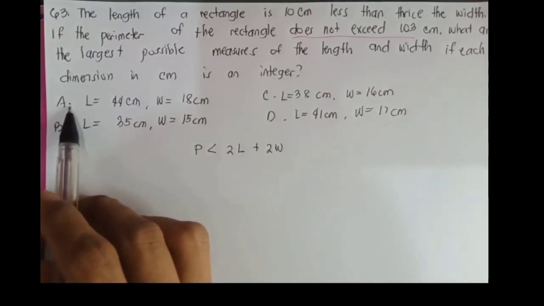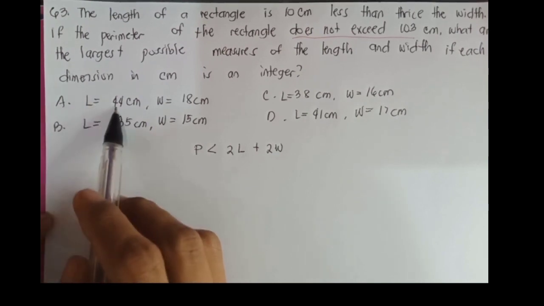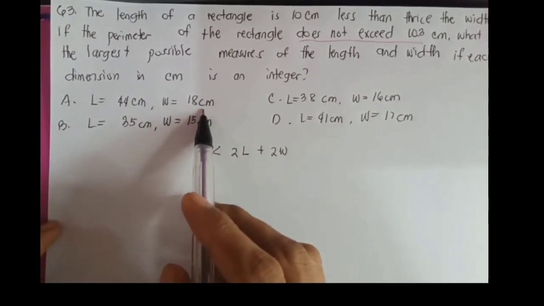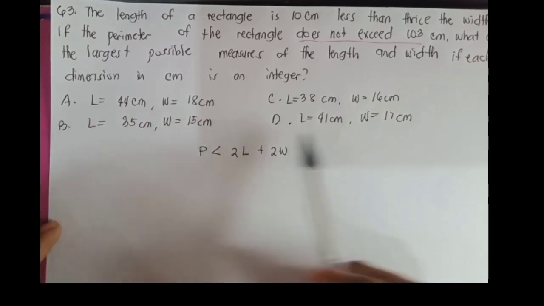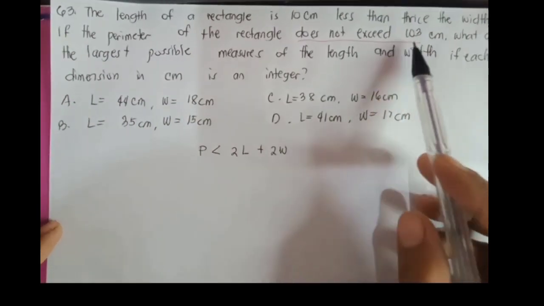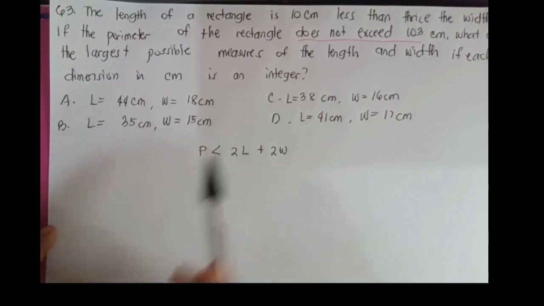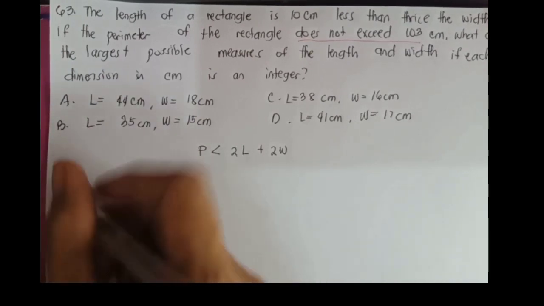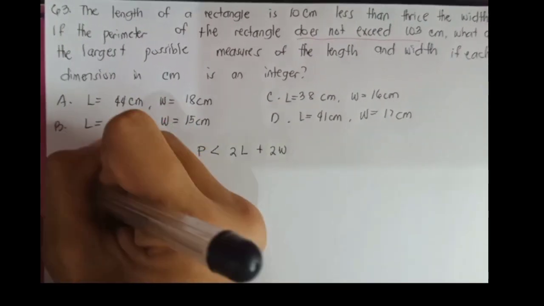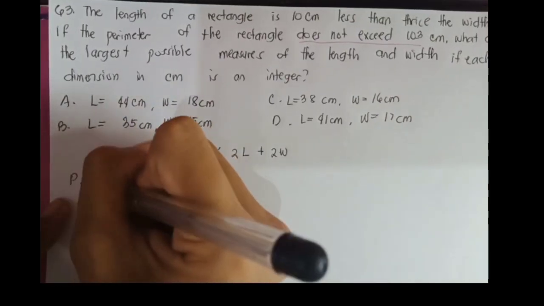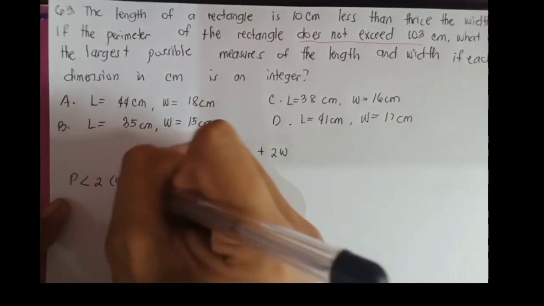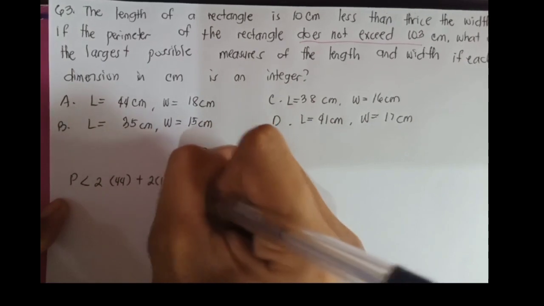Let us try letter A, which is the length is 44 centimeters and the width is 18 centimeters. If it exceeds 103, then it is not the value for length and width. So now let us solve. We have P equals 2 times 44 plus 2 times 18.